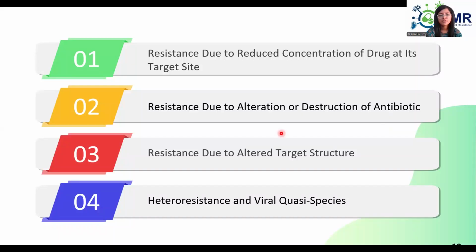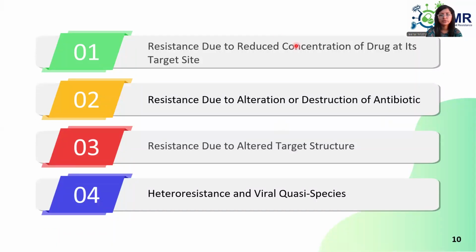First is resistance due to reduced concentration of drug at its target site. Sometimes we give proper doses, like 400 milligrams of metronidazole, but that doesn't necessarily mean the concentration-time curve is maintained over a prolonged duration at the target site.